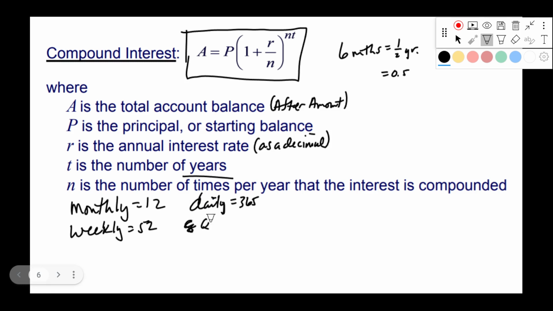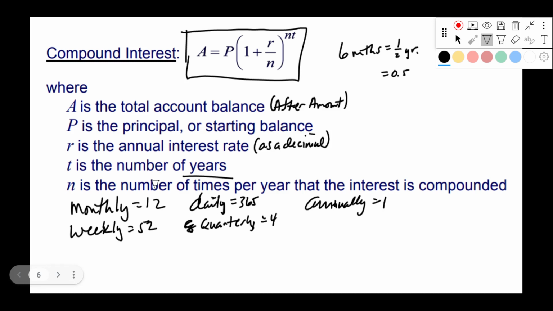Semi-annually, or how about quarterly? Quarterly would be 4 times a year. So there's a lot of different ways. It has to tell you how many times a year it's going to compound. If it says annually, then that's only 1 time a year. All right. So that's the equation.